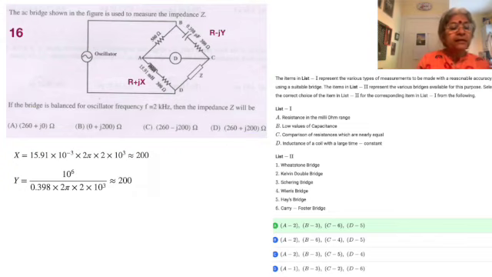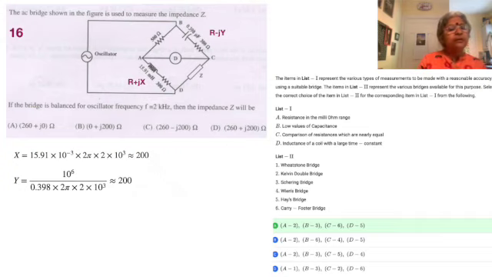Okay, so X has been written down here, 15.991, almost equal to 16, multiplied by 10 raised to minus 3 milli, then 2 pi, 2 into almost 3 into 2 into 10 raised to 3. So with all these approximations, it is almost equal to 200. You need not compute. Similarly, Y is 10 raised to minus 6 becomes 10 raised to 6 in the numerator, and it is 0.398.